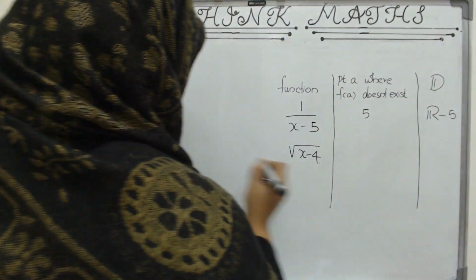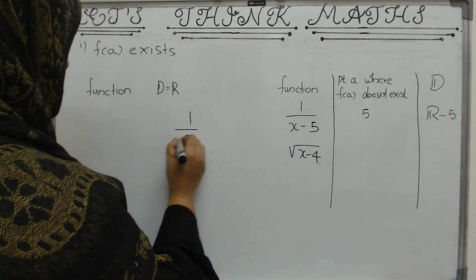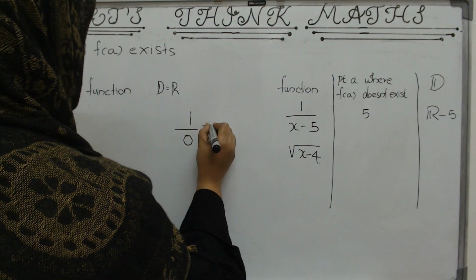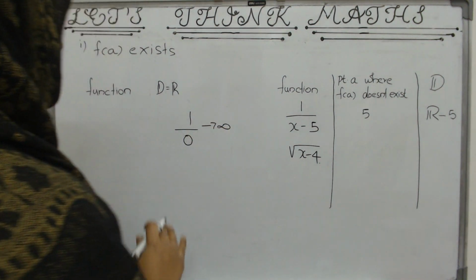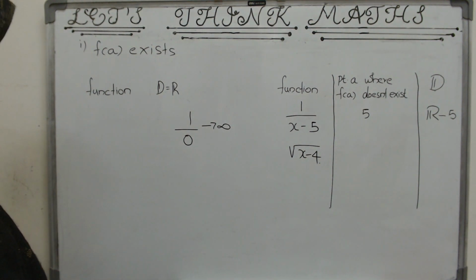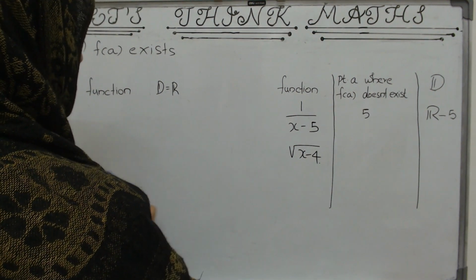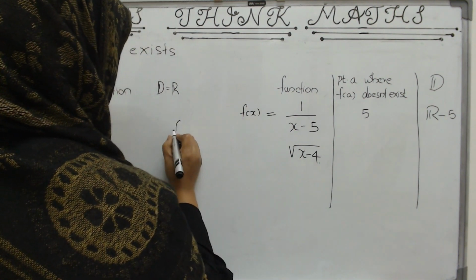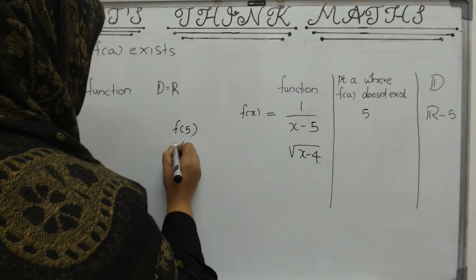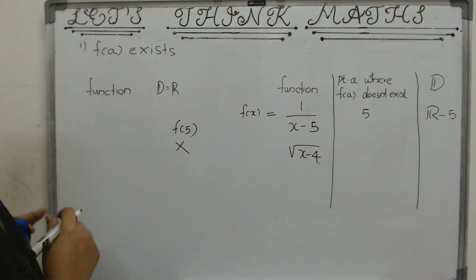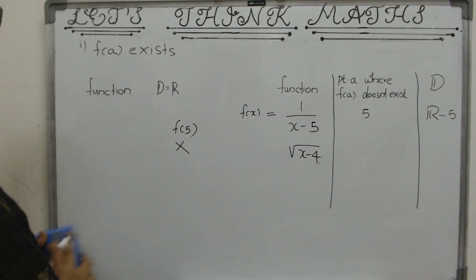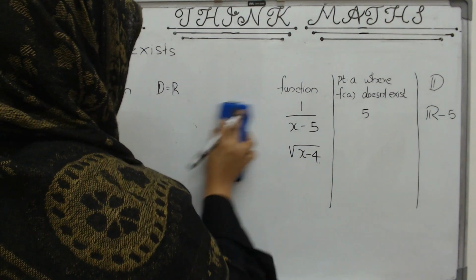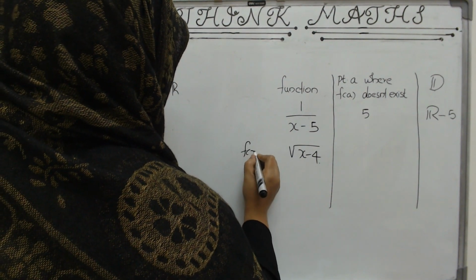What happens if you put the point 5? It becomes 1 by 0, which means it tends to infinity, which means it stops being finite. So for this function, if I call this f of x, f of 5 does not exist because it is not finite.